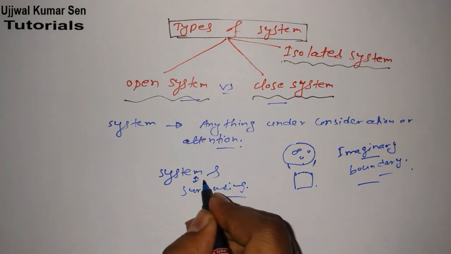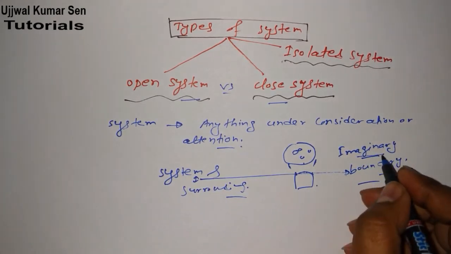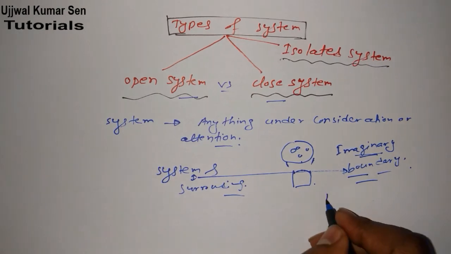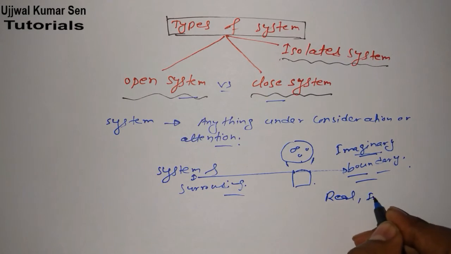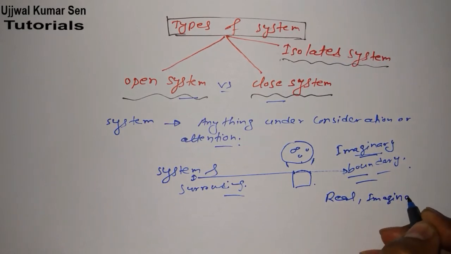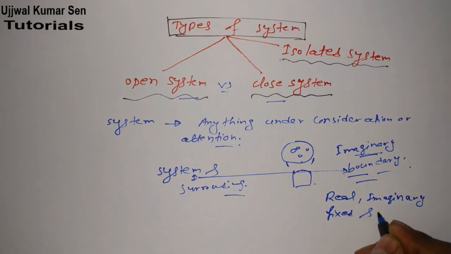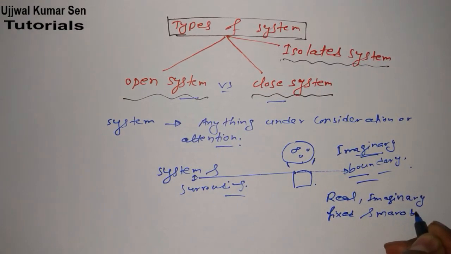These two are separated by a boundary, and there are four types of boundary: real boundary, imaginary boundary, fixed boundary, and movable boundary. Okay, real and imaginary I have already shared with you, then fixed boundary and movable boundary.